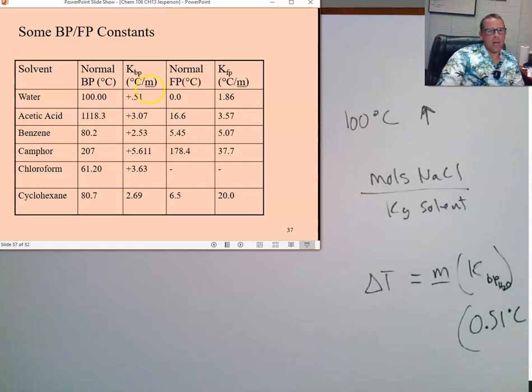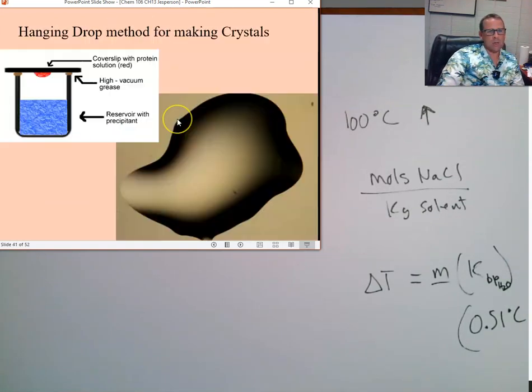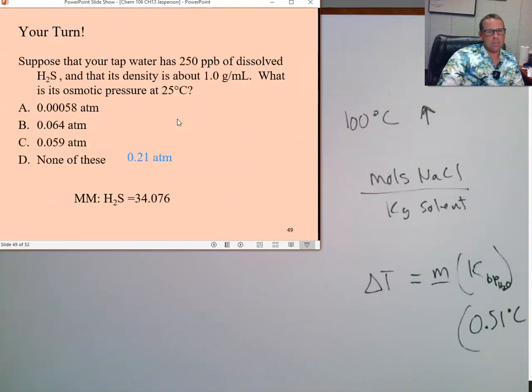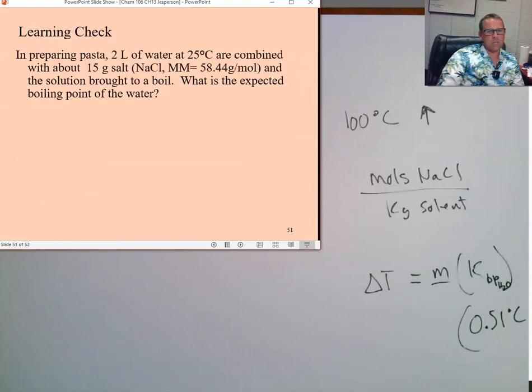Taiwan, how do I find the molality of salt in this question here?